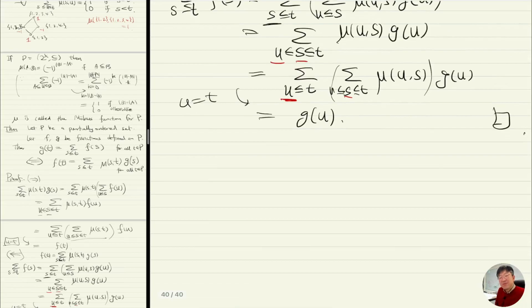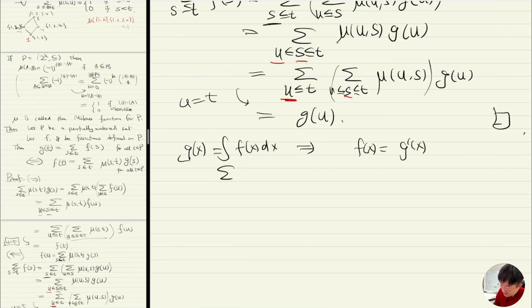You can think of the Mobius inversion formula like the relation between the integral and the derivative. If G of x is the integral of F, then F of x is obtained from the derivative of G. Here you have a sum of F of S, where S is less than or equal to T, and then F of T is obtained by inverting it.